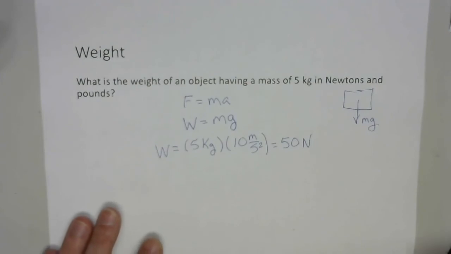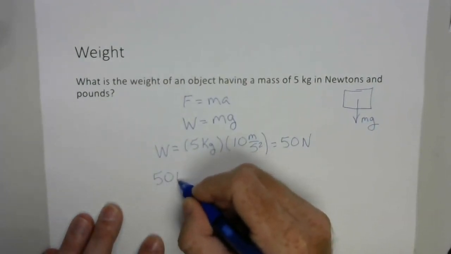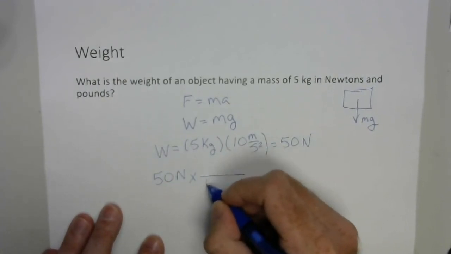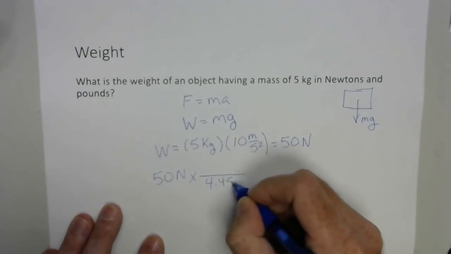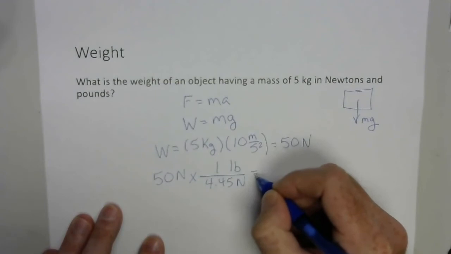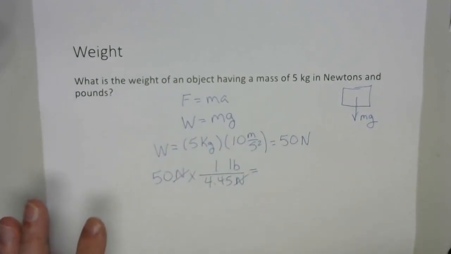Now, if I want that in pounds, it's just going to be a little conversion. 50 newtons, there are 4.45 newtons in 1 pound. The newtons cancel. So we're going to say 50 divided by 4.45.